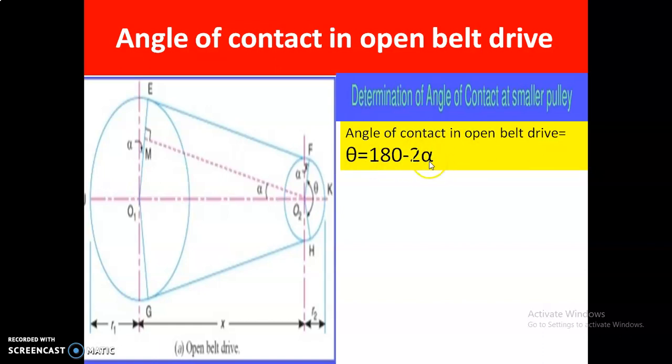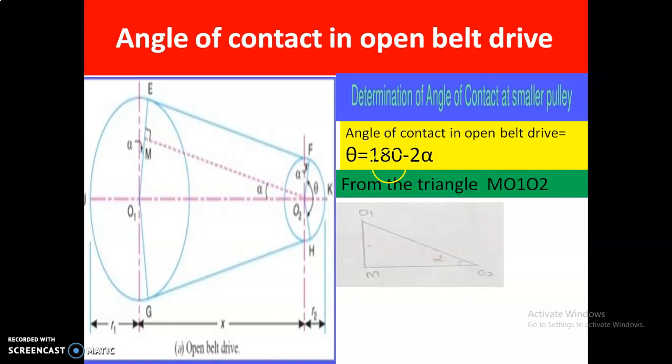Again, how can we find the alpha value? I have already explained this in the derivation of open belt drive. From the triangle M O1 O2, sin alpha is equal to O1M divided by O1O2, opposite side by hypotenuse. O1M we get by subtracting the ME length from O1E.